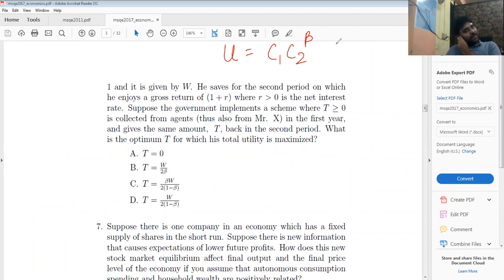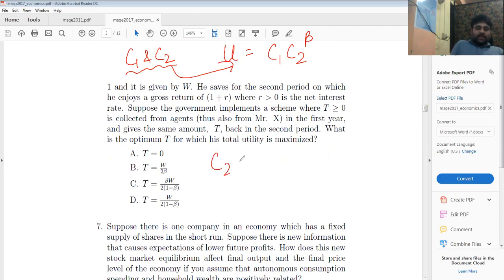So that basically means that both C1 and C2 are normal goods. So my U will also increase as my money income increases.